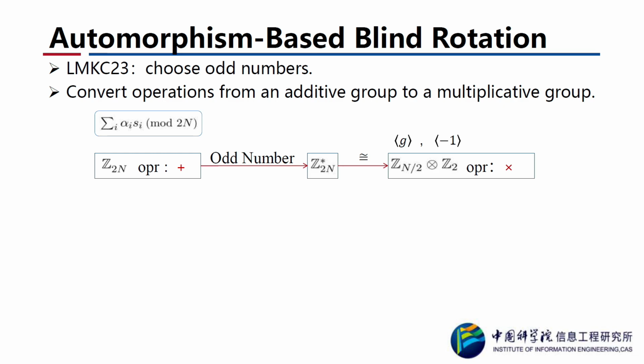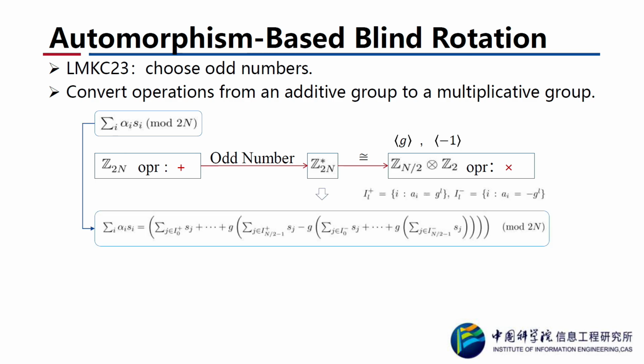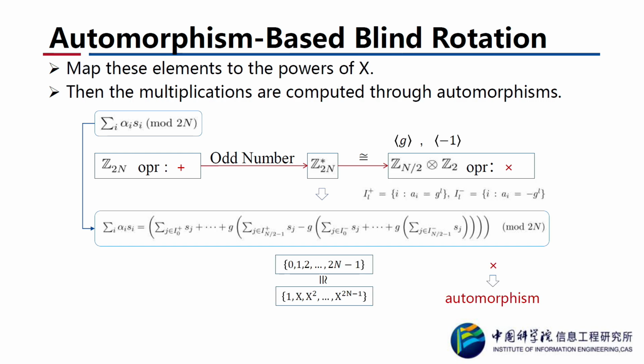So LMKC proposed a method where we can choose some odd numbers from Z_2n and then convert the operations from an additive group to a multiplicative group. Then the sum of a_i s_i modulo 2n can be calculated in these formulas. We can map these elements to powers of X, and then the multiplications are homomorphically evaluated by homomorphic automorphisms.